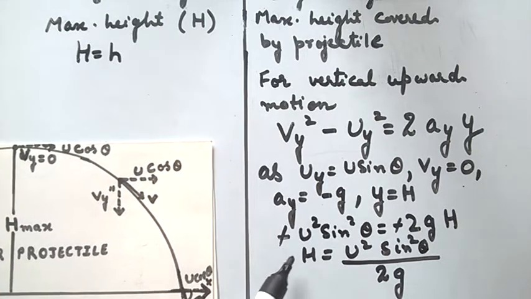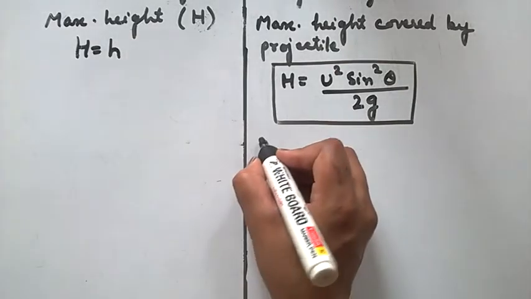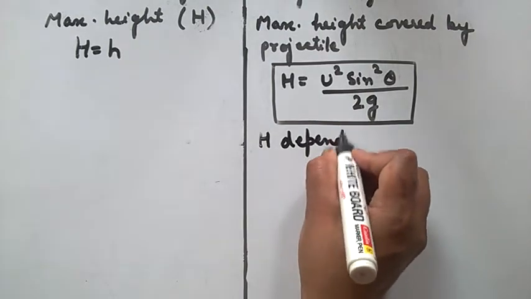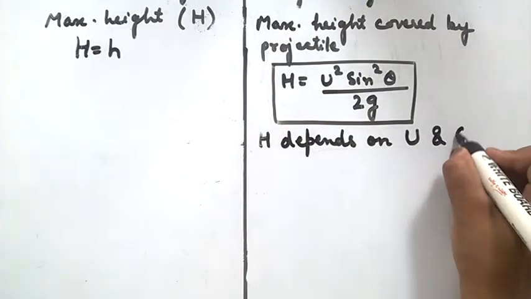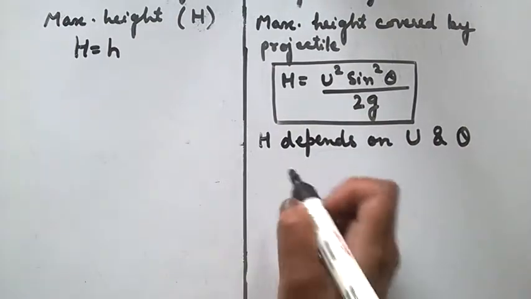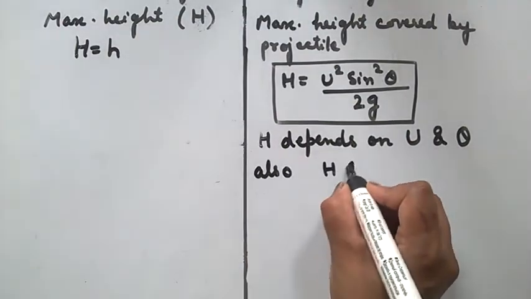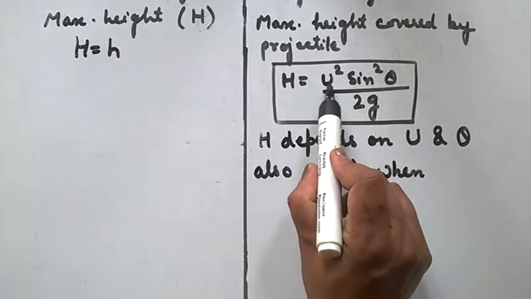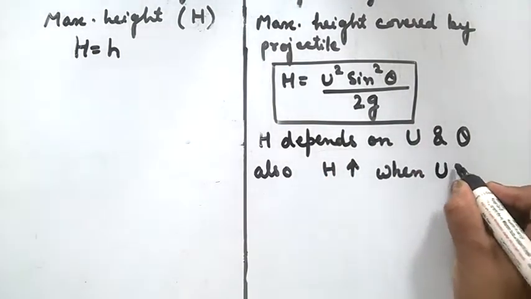Thus we can write h depends on initial velocity u and angle of projection, that is theta, and h increases when initial velocity is increased for given value of angle of projection. When u increases, for given theta.